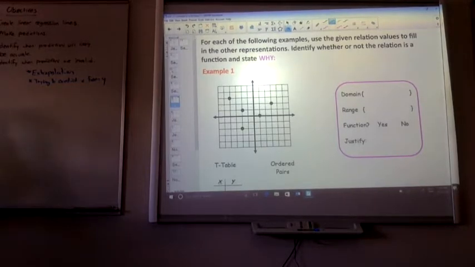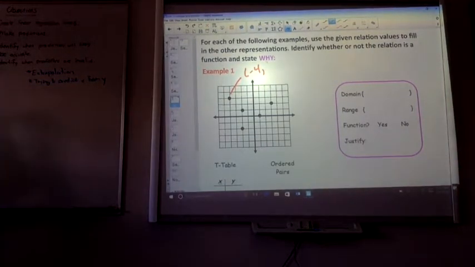Let's pick. So this is the point 1, 2, 3, 4. Negative 4, 3. This is the point negative 2, 1. This is the point negative 2, negative 2. This is the point 1, 0. And this is the point 3, 2.